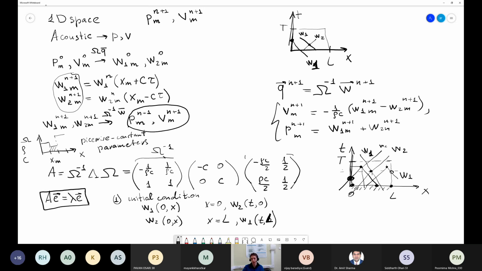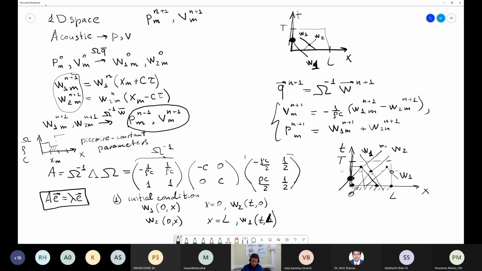Okay, what we know. Let's analyze these formulas. What we can calculate if we want to use this formula at this particular point. W1 at the next time layer will be found using this procedure and the interpolation.